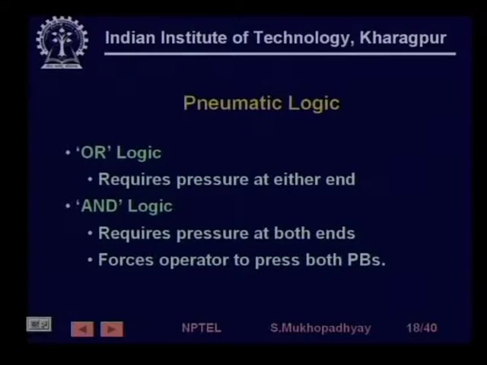Sometimes this AND logic is used for safety applications where the operator is forced to press both push buttons, so that his hands are safe. Pneumatic systems are very much used to assist operators in operating various kinds of machines, and sometimes there are safety hazards. For example, suppose you have two big rolls in which the operator has to put some material. Typically, such things are used in thinning out and kneading materials, like in the production of tires.